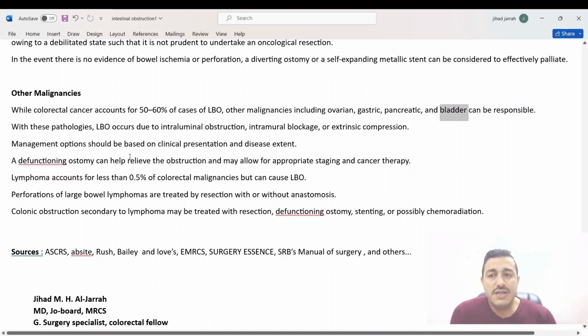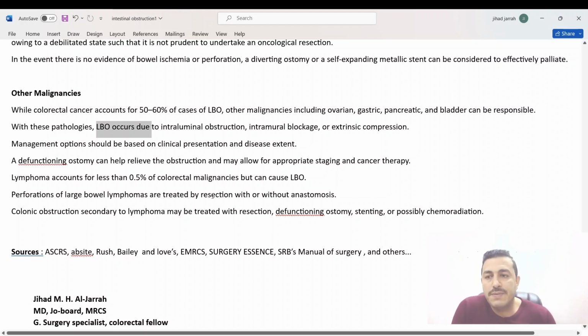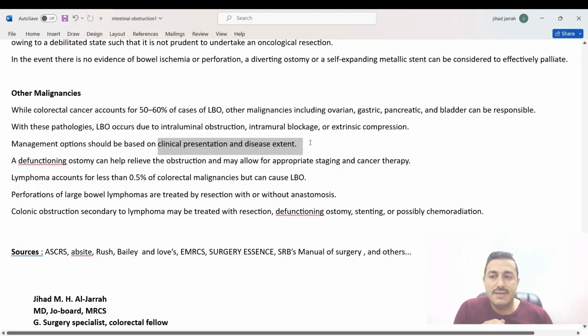They are responsible for large bowel obstruction, sometimes due to intraluminal obstruction if there is invasion, intramural blockage, or extrinsic compression. Okay, the management depends on the clinical presentation and disease extent.